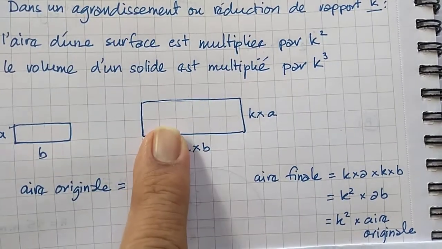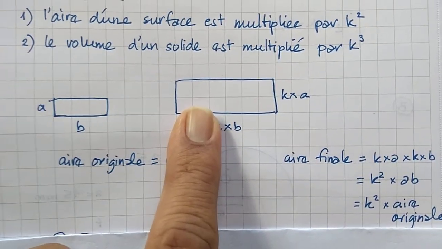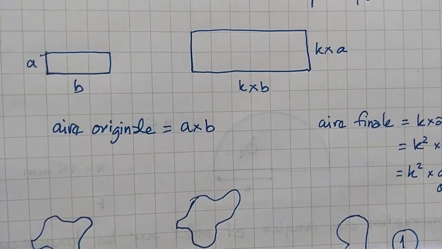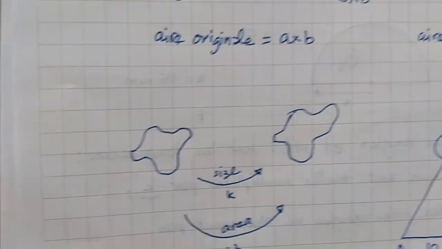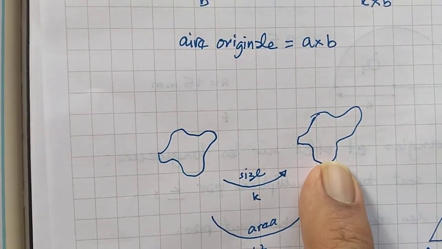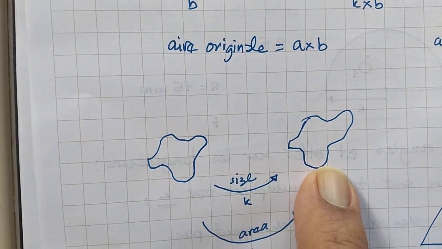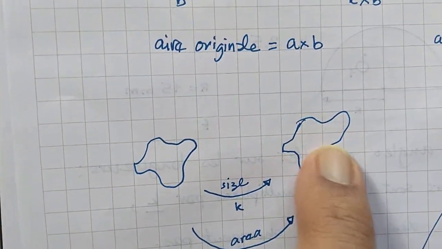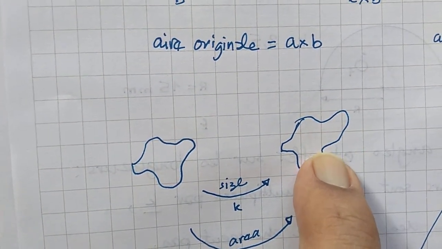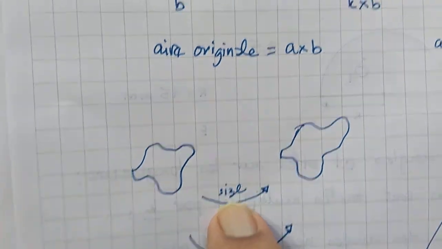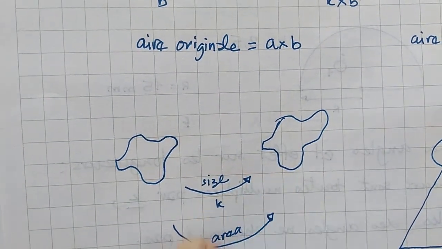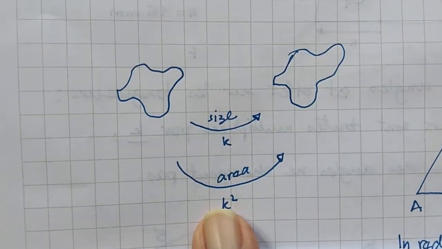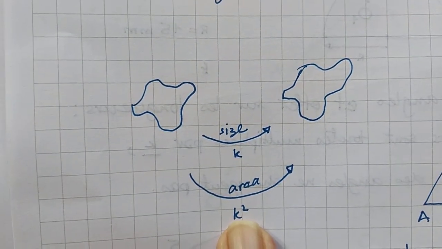And this works for any figure. It need not be just a rectangle. Here I've tried to draw a figure, and I've enlarged it slightly. Ignore the fact that it is not exactly the same shape, because it's a freehand drawing. If the size has changed by a factor of k, then the area will have changed by a factor of k square.